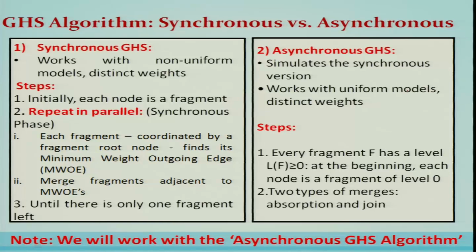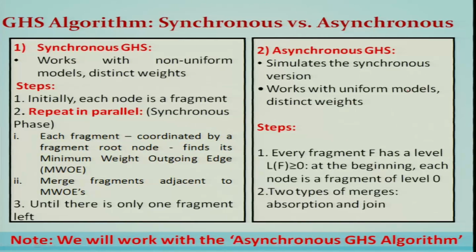In synchronous GHS, it works with a non-uniform model with distinct weights. Initially each node is a fragment. Repeat in parallel synchronous phases: each fragment, coordinated by the fragment root node, finds its minimum weight outgoing edge and merges the fragment adjacent to the minimum weight outgoing edge, until there is only one fragment.